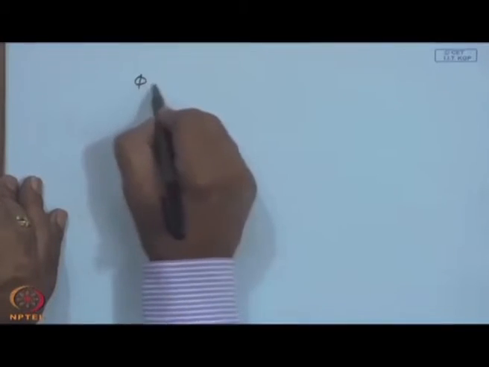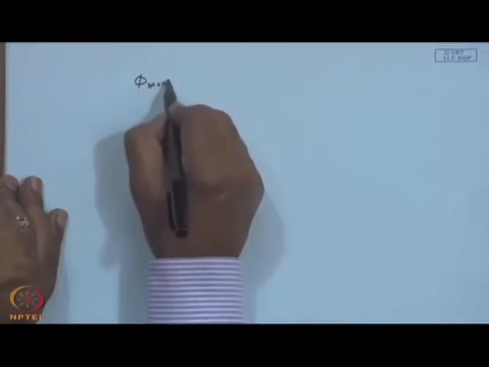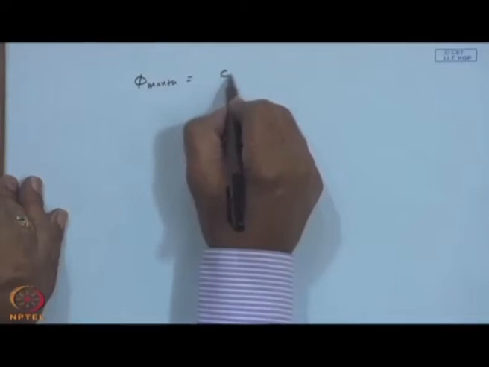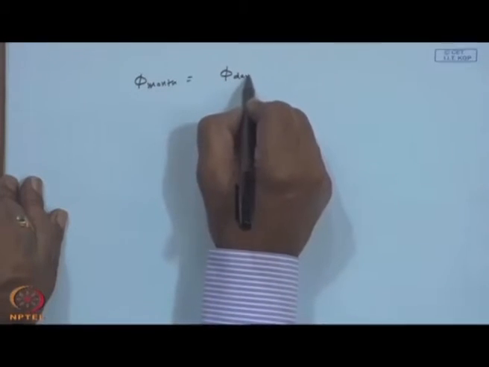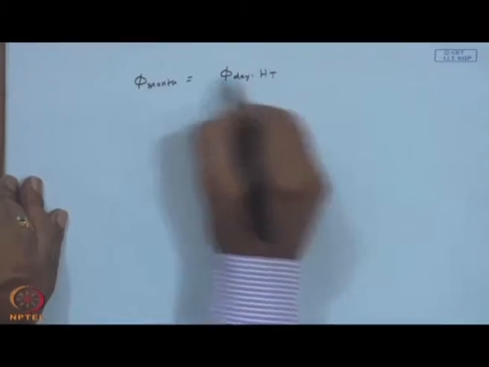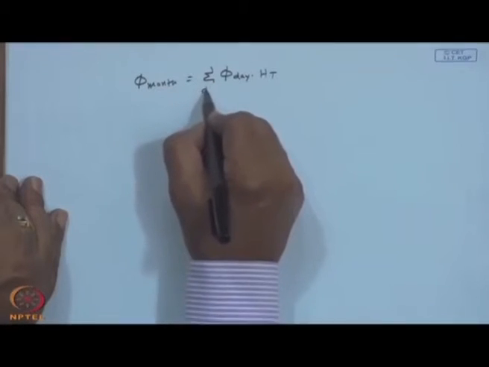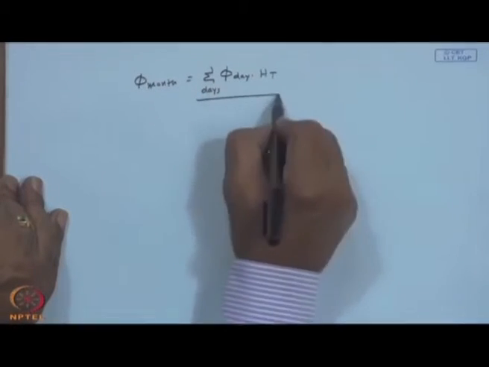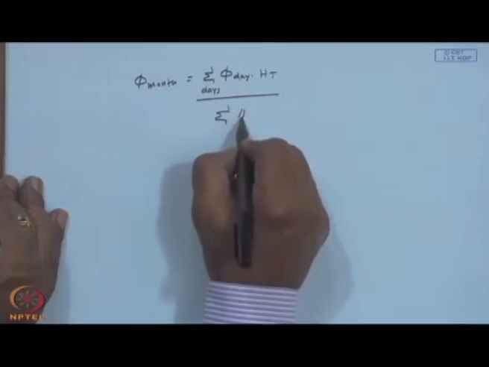So, this concept can be applied for a month. If you want it for a month, I can say that sum over the days of phi times Ht, divided by the sum of Ht.